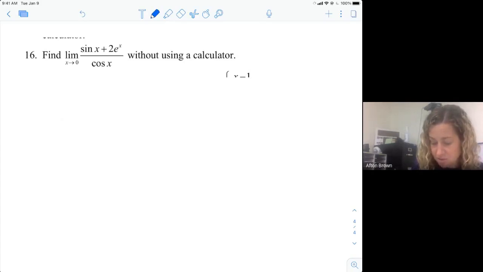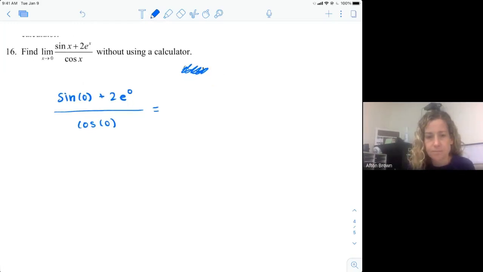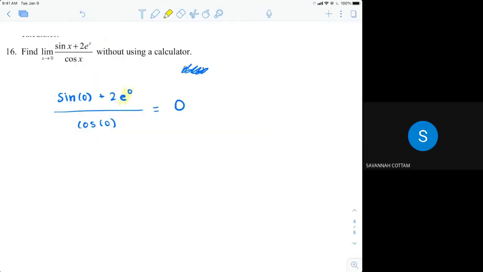So let's just see what happens. Let's try direct substitution. We're just going to try plugging in 0, and we just hope we get out an answer. If we get out an answer, we're good. This is good trig practice. We get an opportunity to practice all our trig values. What is sine at 0 equal to? 0. Very good. It's probably been a while, but what's anything to the 0 power? 1.